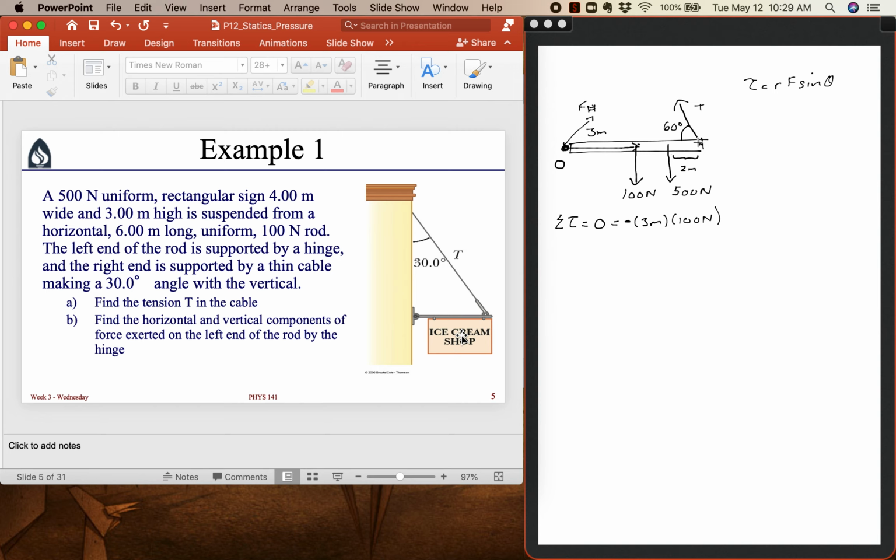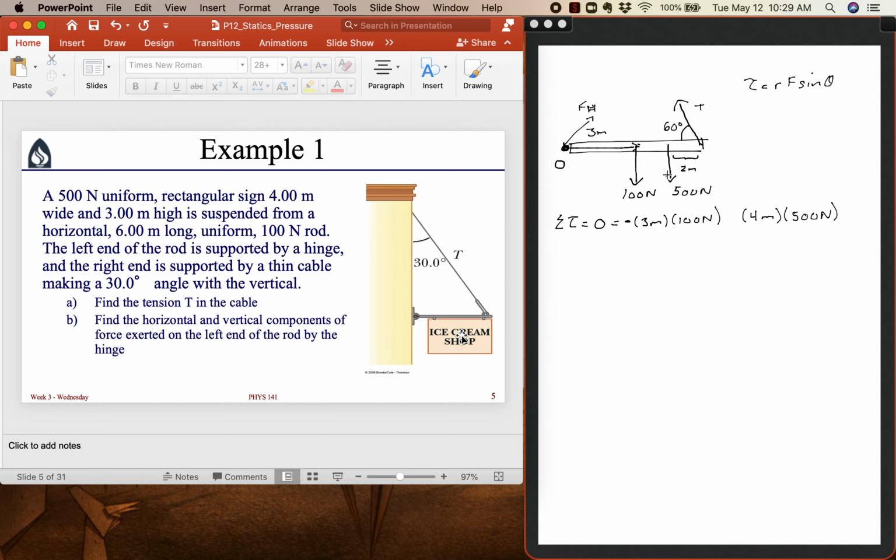So from here to here is 6 meters, from here to here is 2 meters. So 2 meters subtracted from 6 meters would give me 4 meters. So there's 4 meters from here to where this force is applied. So my moment arm is 4 meters. The amount of force is 500 newtons.